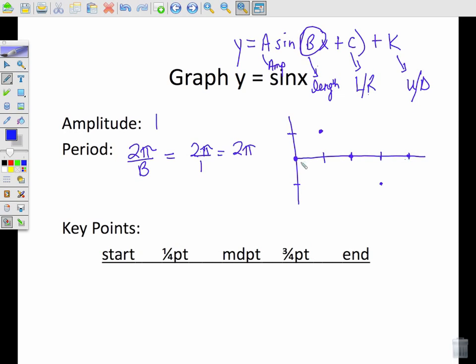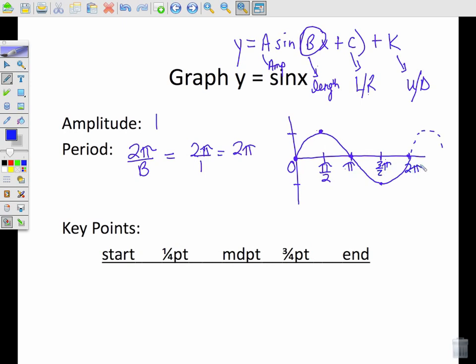So my graph forms this curve. Here it goes up to 1, back down through 0 and down to -1 for a minimum point, and then back to the 0 mark again. And then what we know is that it's just going to keep repeating over and over. These are 0, pi over 2, pi, these are called our critical points, 3/2 pi and 2 pi.